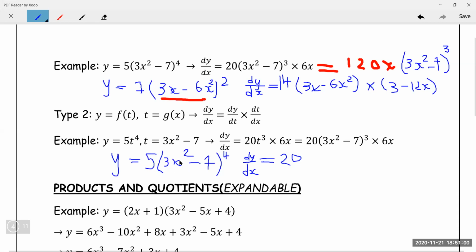We'll have 5 times (3x squared minus 7) to the 4. How would you differentiate this? It would be 4 times 5, 20, times (3x squared minus 7) to the third power. Yeah, exactly, times what? 6x. Times 6x. Good.